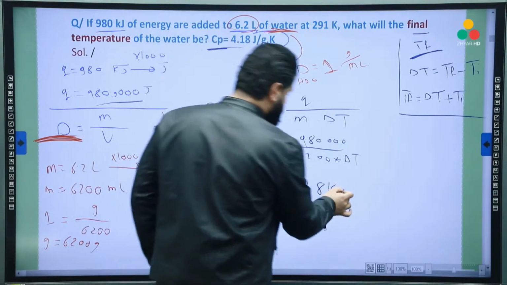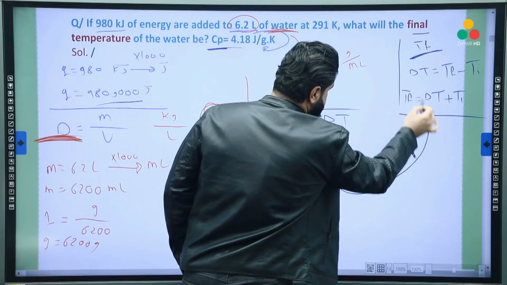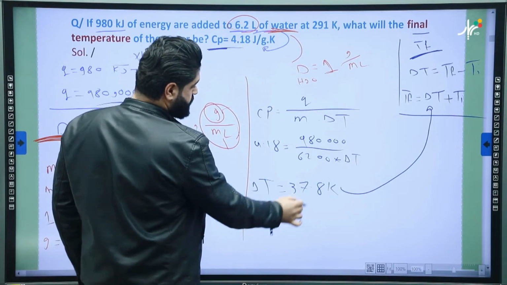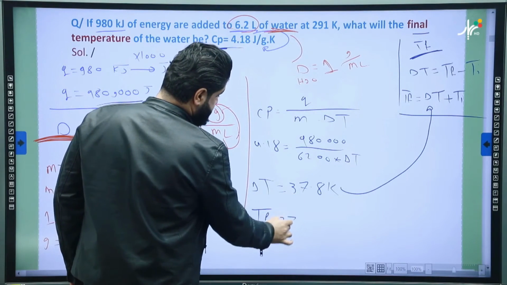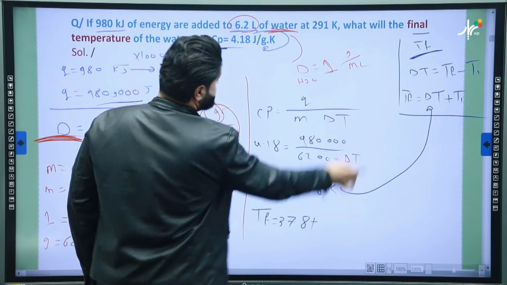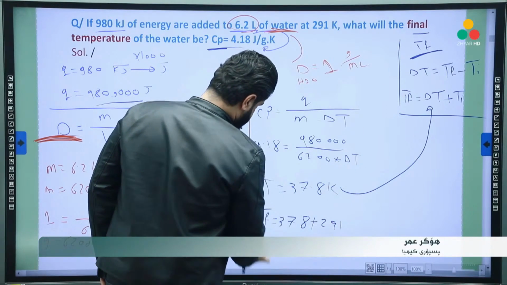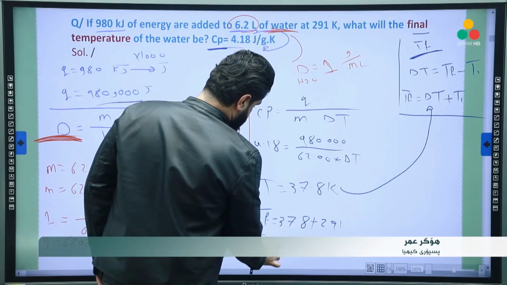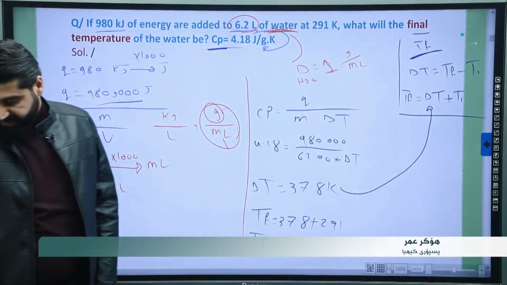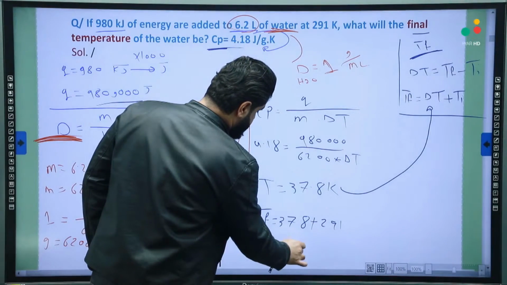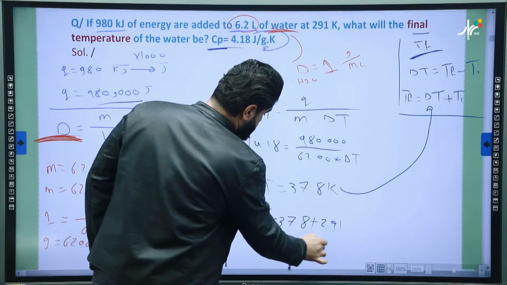So now substitute delta T here and you can get the value of T final. T final equals delta T, 37.8, plus T initial, 298. So T final equals 328.8 Kelvin.